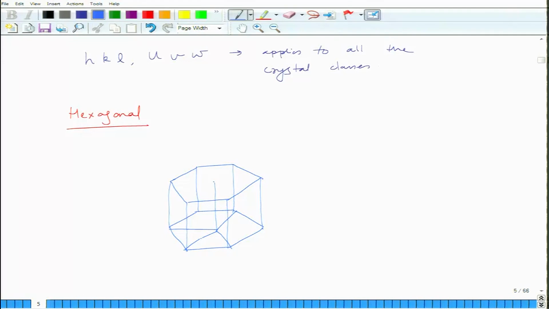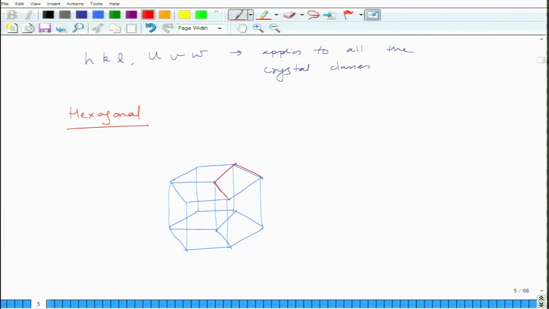Now, the hexagonal system can be represented not only by this individual unit cell which is here. So, this is the individual unit cell, okay.